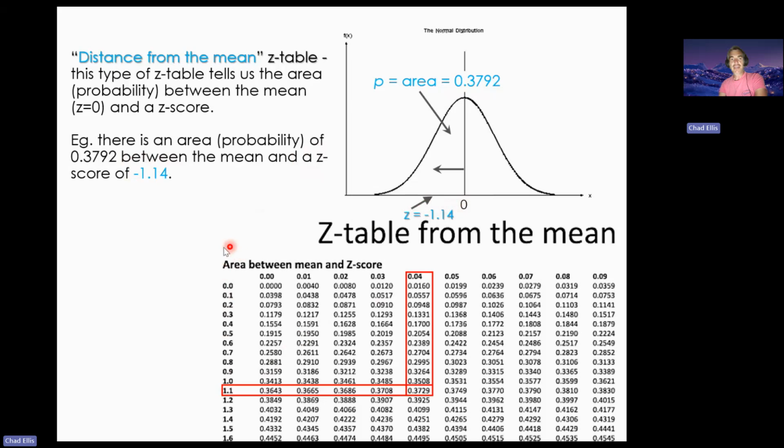And in these types of distance from the mean tables, you're not dealing with any negatives. It just assumes when you're using this type of table, you're going to take the positive version of it. So in this case, minus 1.14, I'm going to take 1.1, add on 4/100ths to that. It's going to give me a probability of 0.3729. So essentially what this table is telling me is the distance from the mean out to that z value.